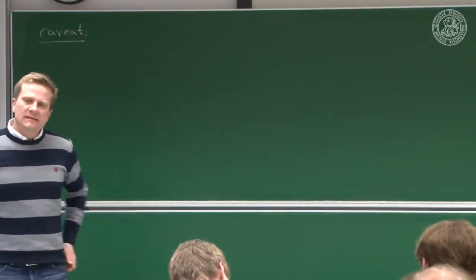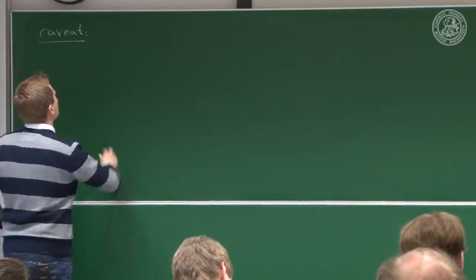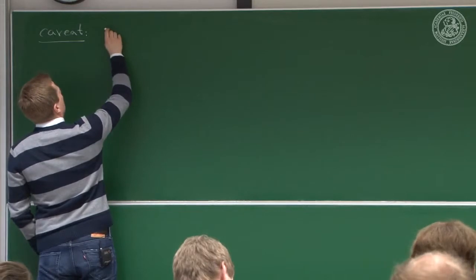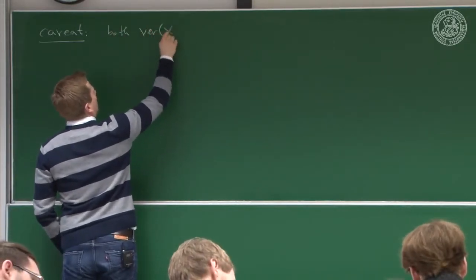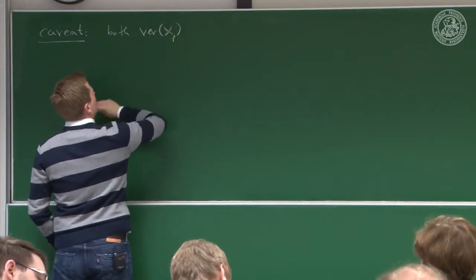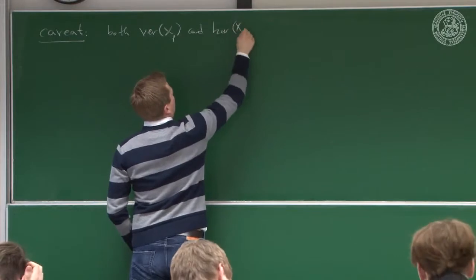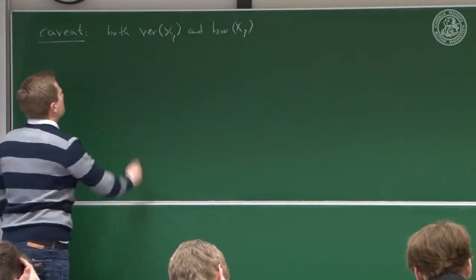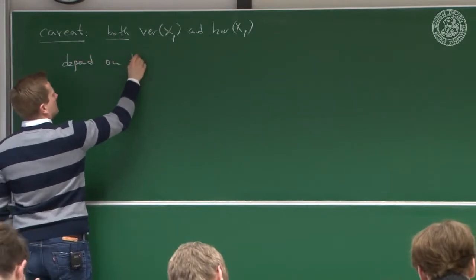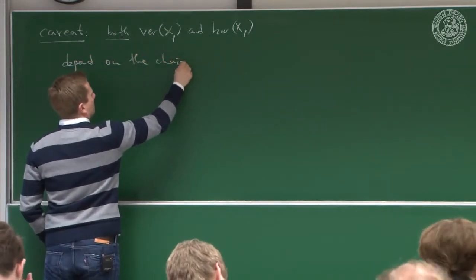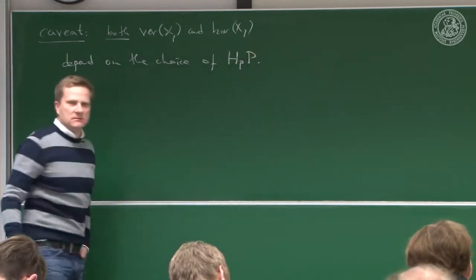So this decomposition into vertical and horizontal parts, both the vertical part of a vector at a point P and the horizontal part of a vector at a point P, depend on the choice of this horizontal subspace.